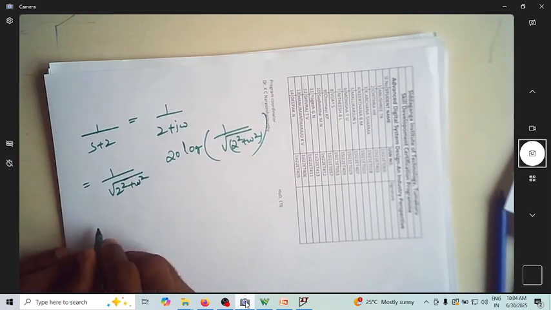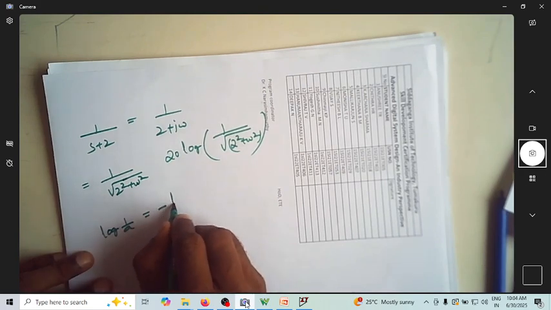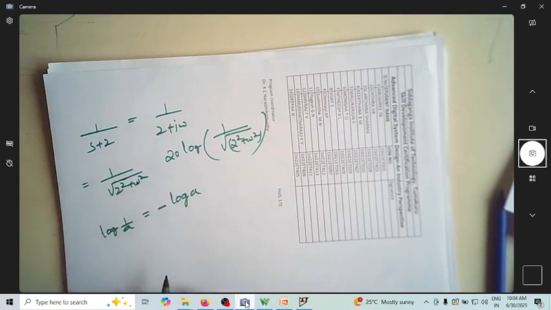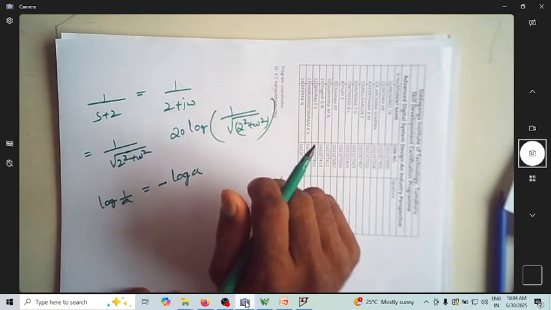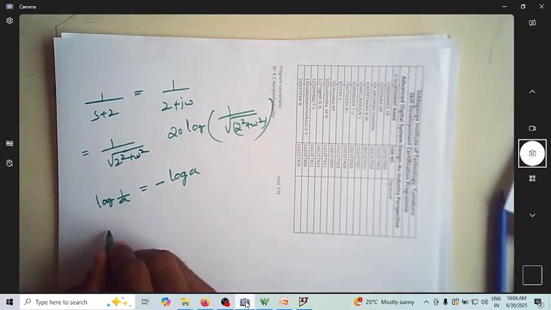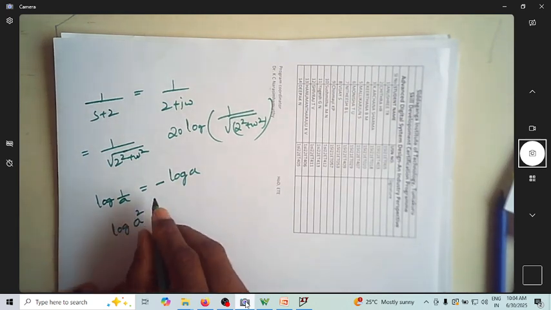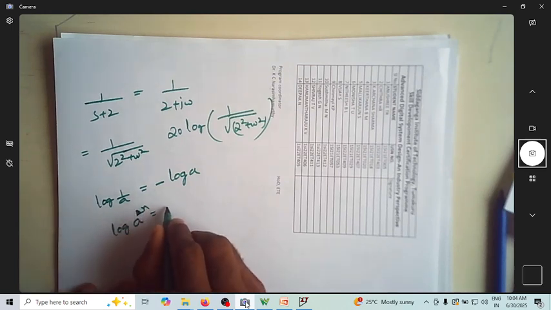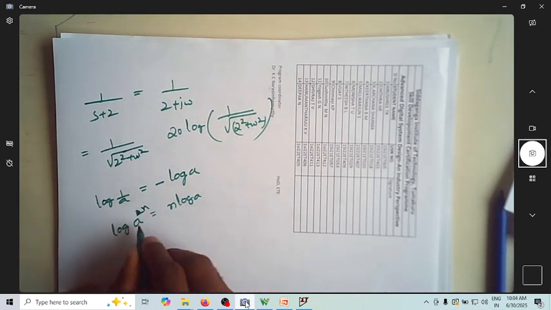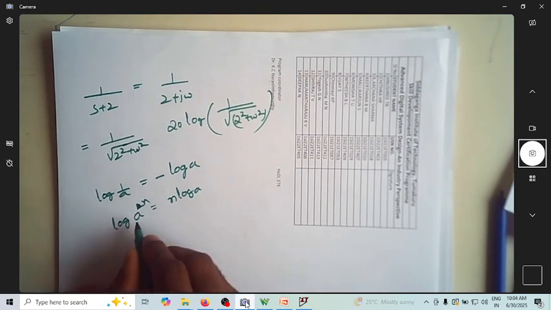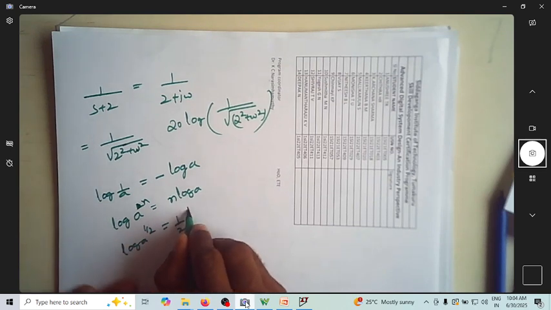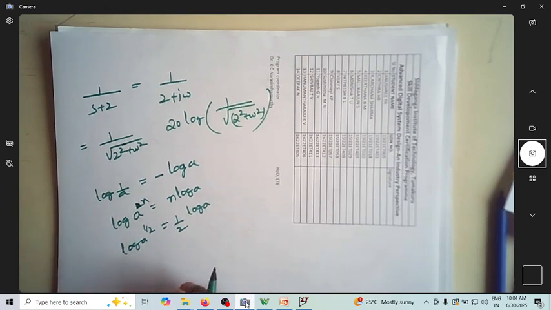I know that log of 1 over a is nothing but minus log of a. I also know that log of a to the power n is nothing but n into log of a. n can be half, 2, 3, whatever. So if it is log of a to the power of half, then it is half log of a.